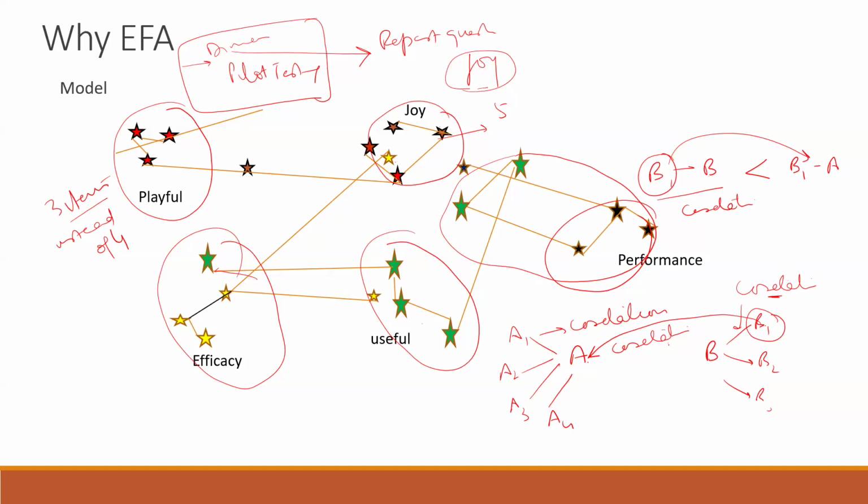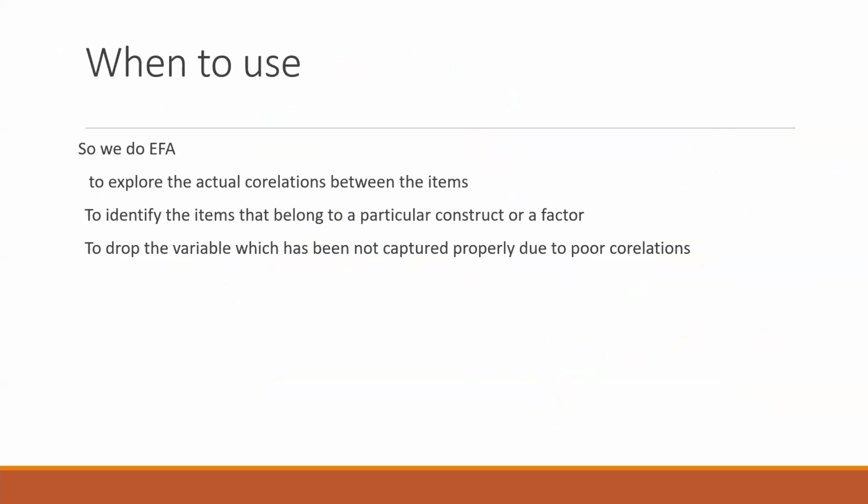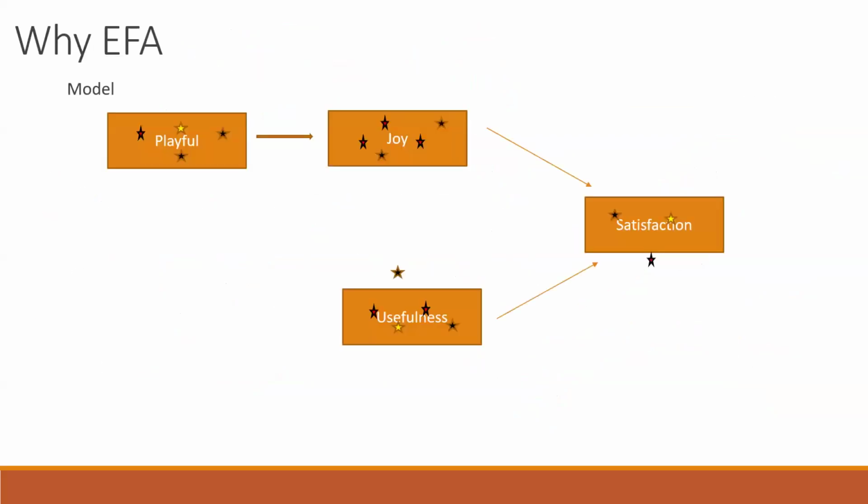So for an EFA, what is the condition? We have some conditions which need to be fulfilled. There has to be multicollinearity. For EFA, we need multicollinearity. Then only the EFA will run. And for regression and higher order techniques, we do not need multicollinearity, right?